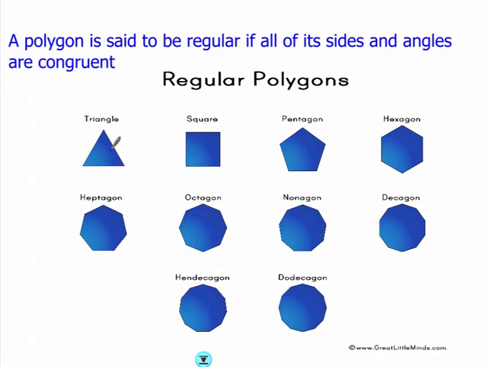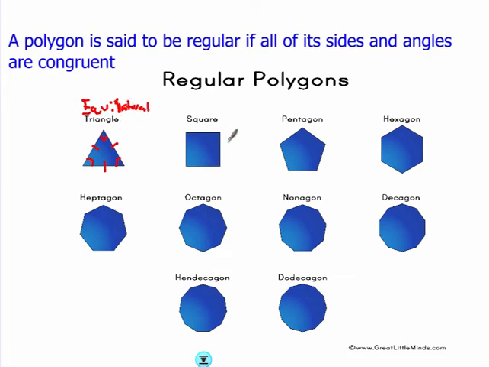That means that if I've got a triangle, I know that all three sides are the same length and all three angles are the same. In a triangle, we call them equilateral. But an equilateral triangle is just a regular triangle.